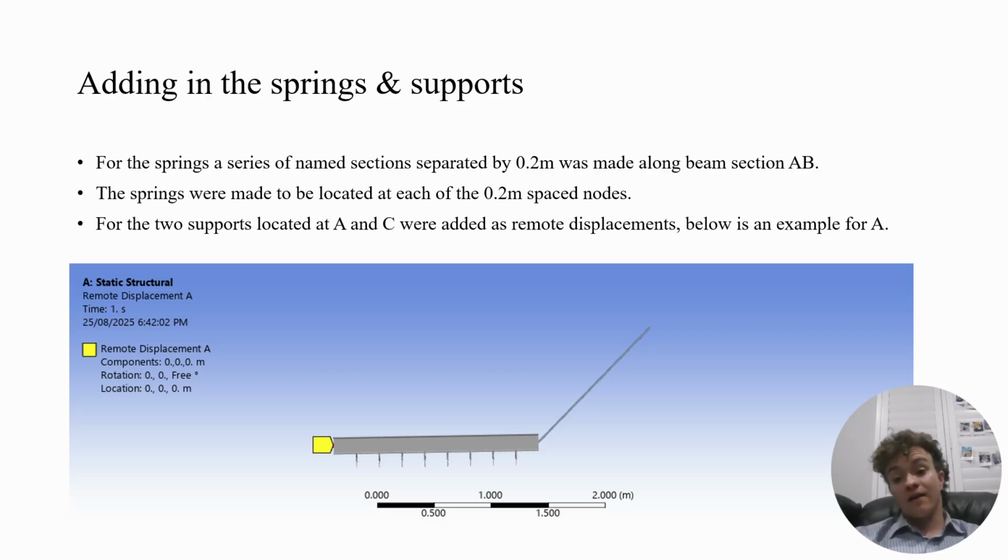So imagine you're going around it. When you think about it three-dimensionally, it makes sense. So that's how we get our hinged joints. We did that for A and C. For both supports I used a remote displacement.